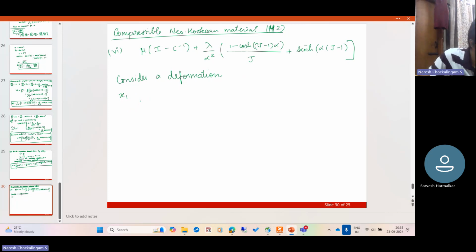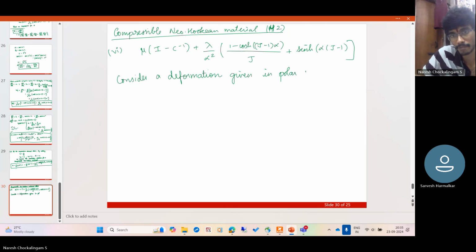So let us say consider a deformation given in polar coordinates, as follows.